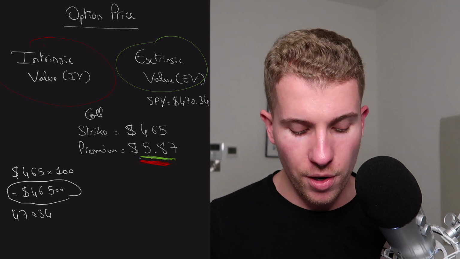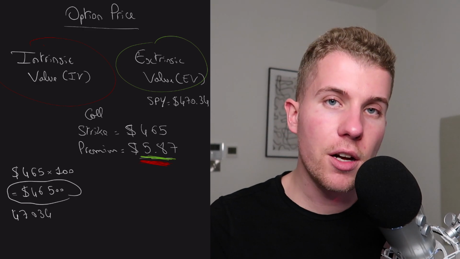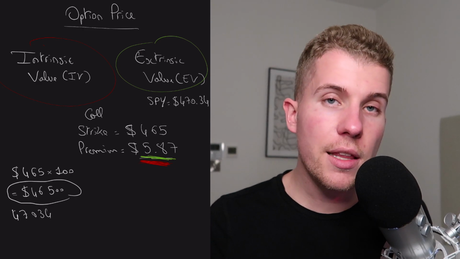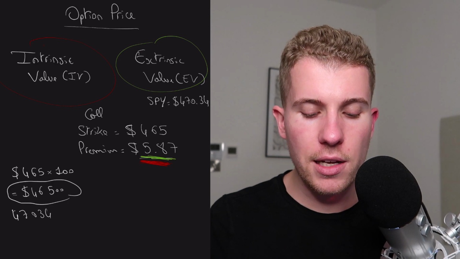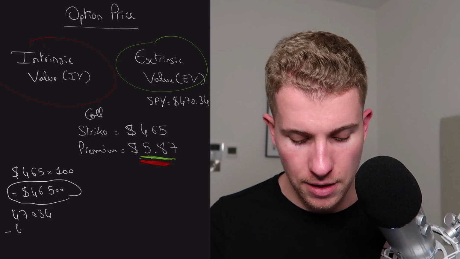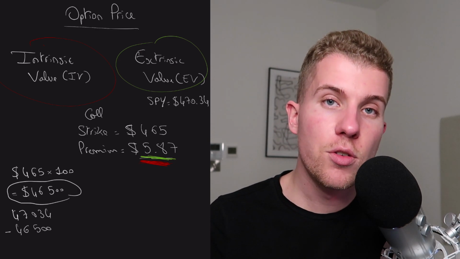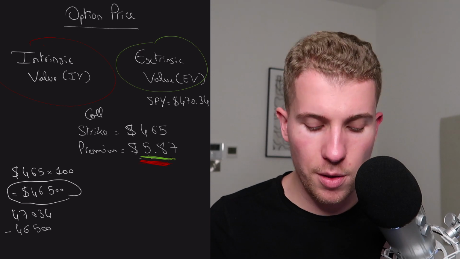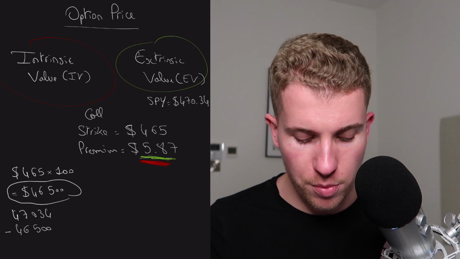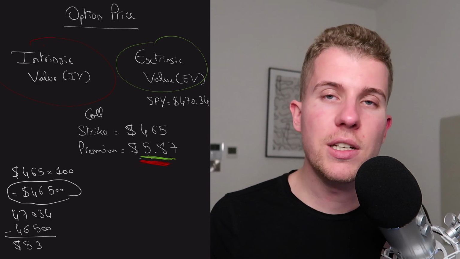So in the end, the profit that you're making is $47,034 minus $46,500, your total investment when you decided to exercise your call option. And in the end, you're going to make a profit of $534.